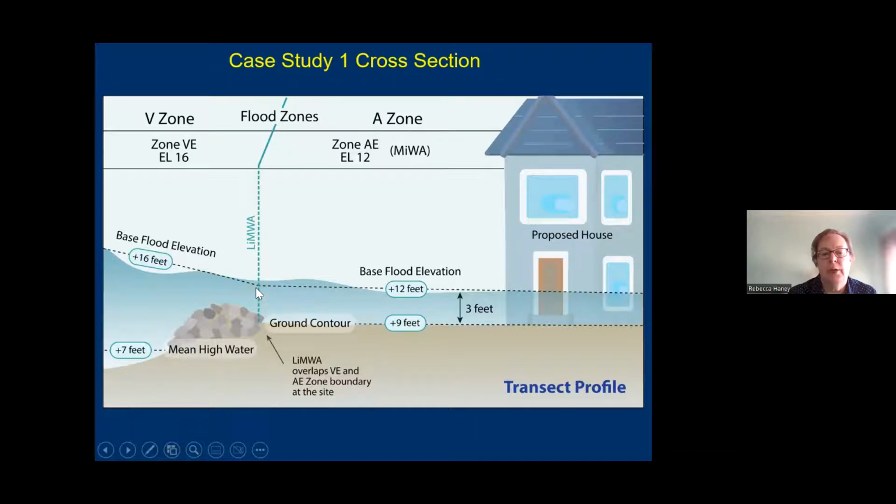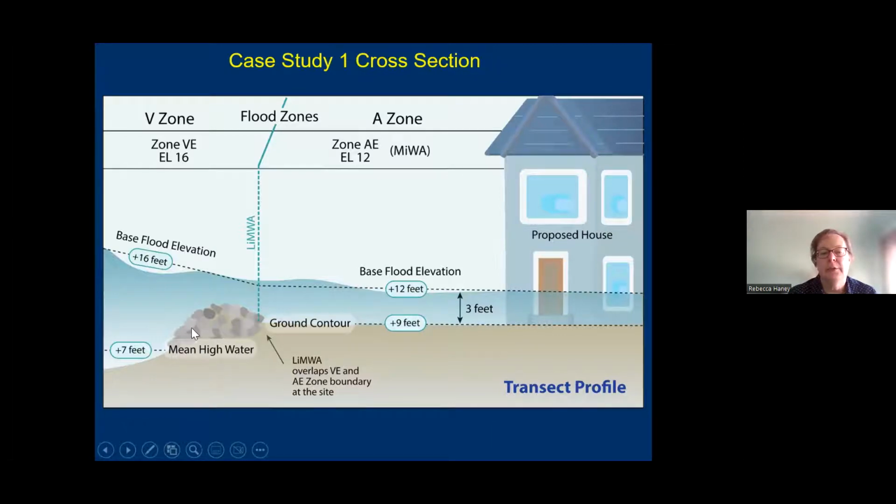But as we talked about, you don't have a 3-foot breaking wave. The energy doesn't just stop at that line magically. You are going to have some waves and moving water that continue landward across the site, given the topography.